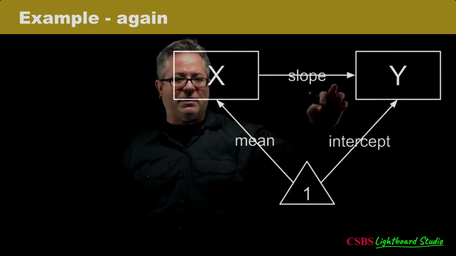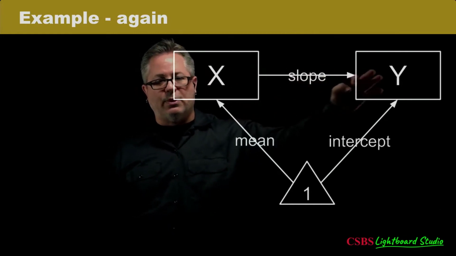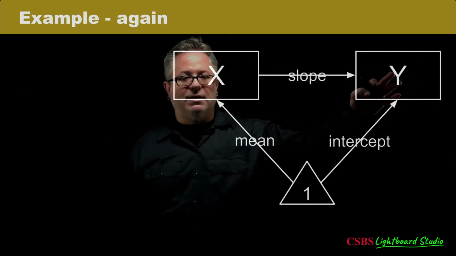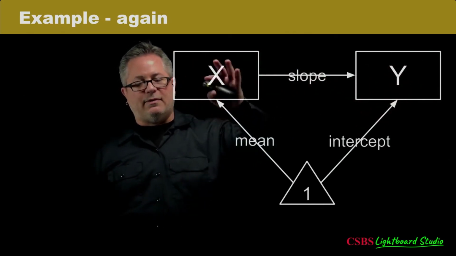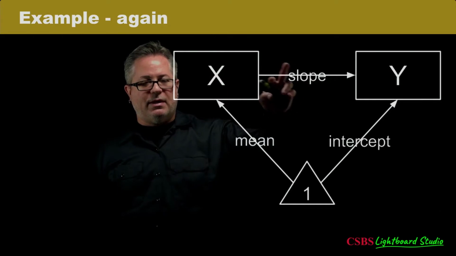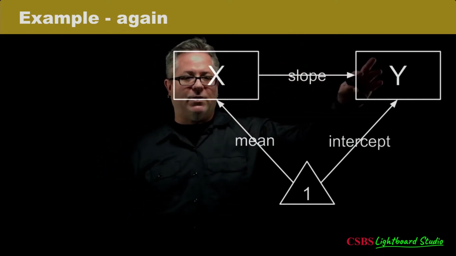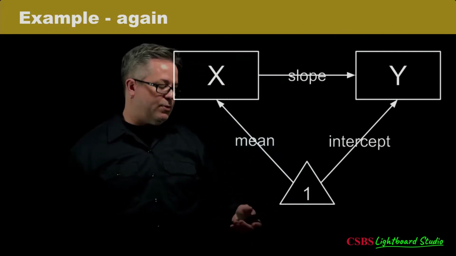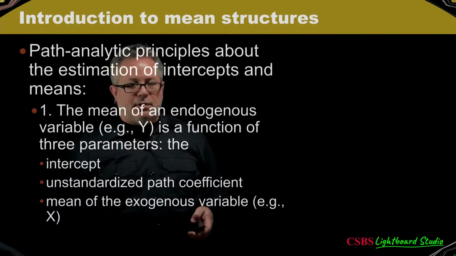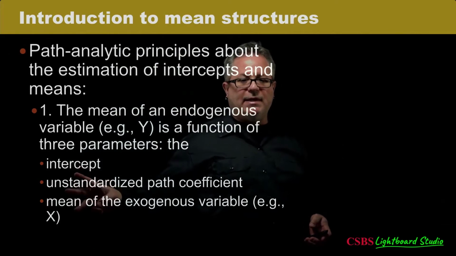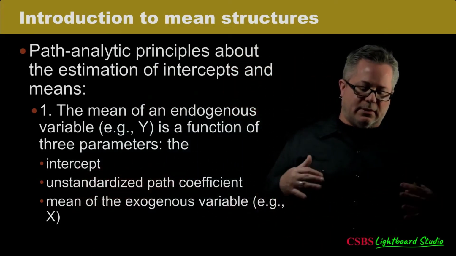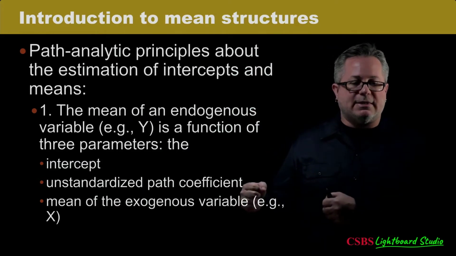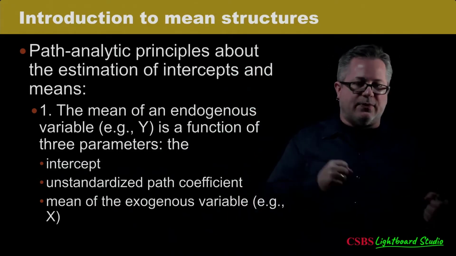This slope says there's some relationship between x and y, so some portion of y's mean is also dependent on x's mean. We can use the slope and x's mean, together with the intercept, to recapture the actual mean. It's breaking the mean of y up into a part that's dependent on x and a part that isn't.